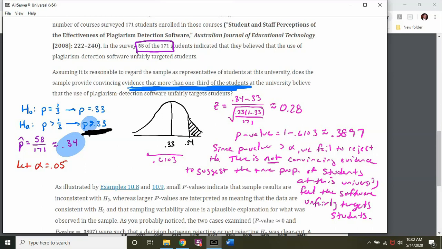And that's like our written conclusion here. But mathematically, we come up with the z-score, we come up with the associated p-value, we compare it to alpha, and we go from there. Okay? We go from there.